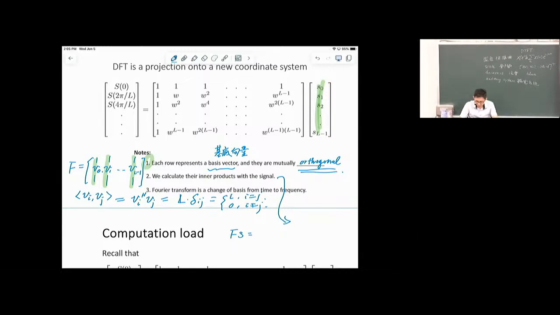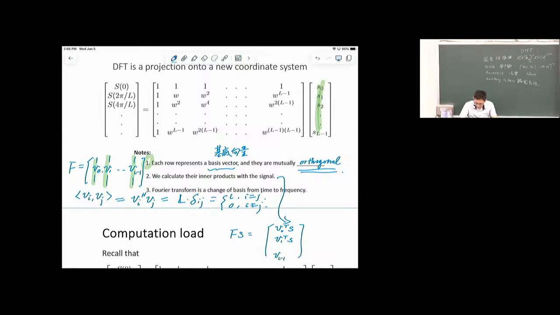Complex conjugate. Let me think of this more clearly. V0 transpose, I need to be careful, okay? V0 transpose S, V1 transpose S, and so on. That's the result.